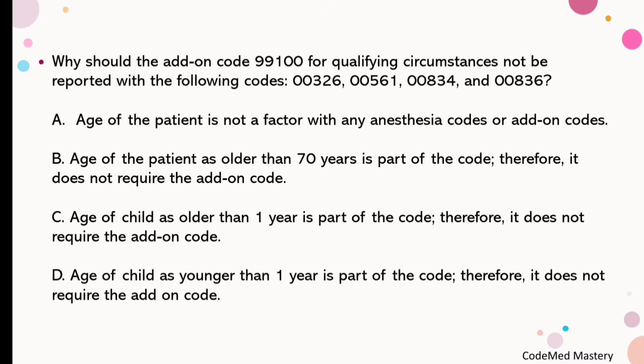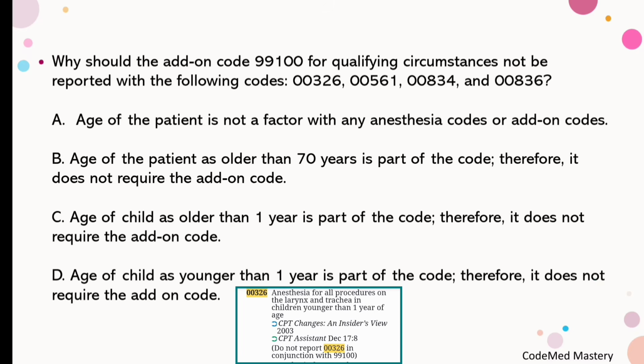Check all these codes. The code 00326 is for anesthesia for all procedures on the larynx and trachea in children younger than 1 year of age. Below that, read the parenthetical note. You can also highlight it in your CPT manual. They have given do not report 00326 in conjunction with 99100.